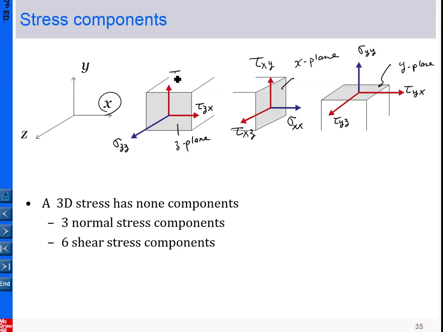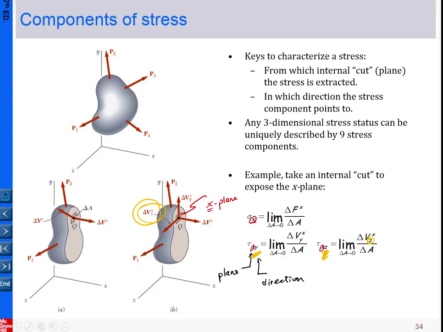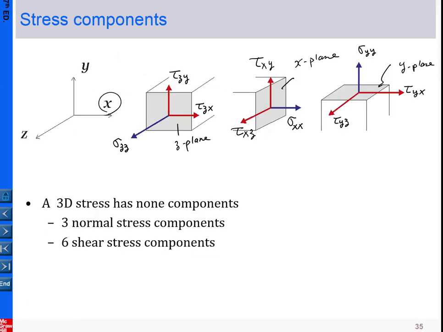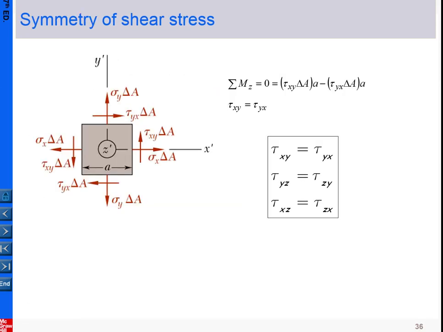This is the shear stress in the y plane pointing to the z direction. This is the z plane. This is the normal stress in the z plane pointing to the z direction. This is the shear stress in the z plane in the x direction. This is the shear stress in the z plane in the y direction. In the previous page, to make the notation consistent, this should be sigma xx. So that is the stress components.